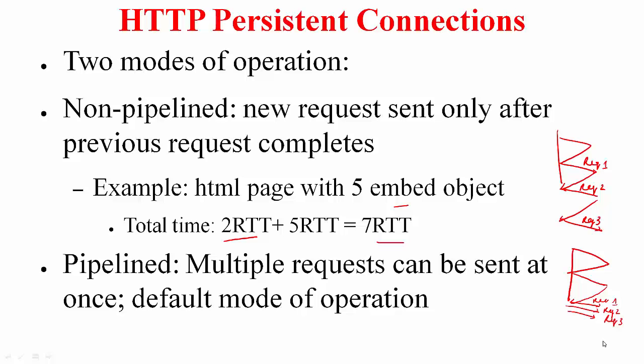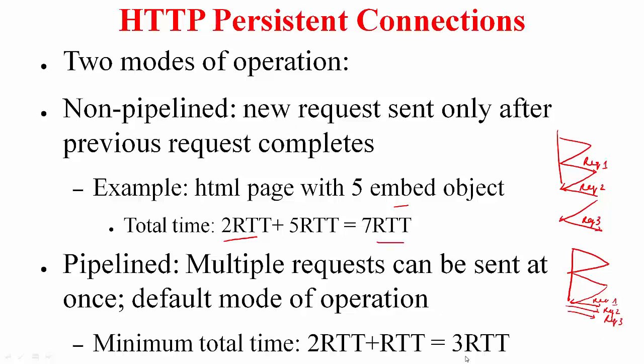Well, it's a bit tricky because it's a function of what state the TCP is in. Is it at slow start or is it in equilibrium where its window is sufficiently large? So why don't you tell me what is the minimum response time that it can take? Well, it can be as low as 3 round trip times, assuming that this is the 2 RTT corresponding to the base HTML.